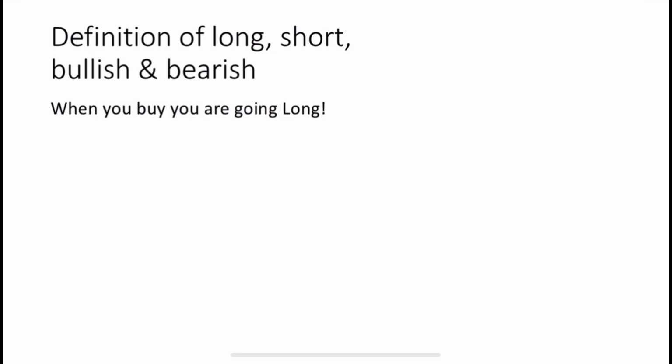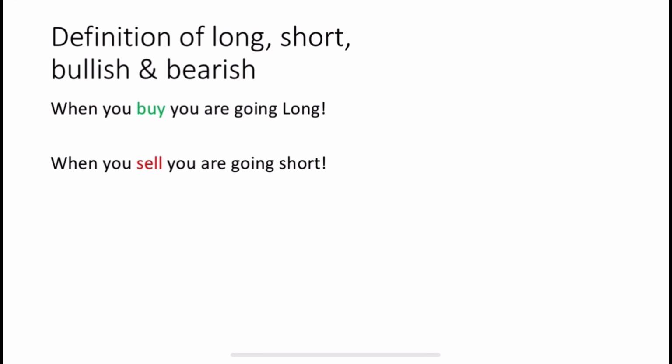So what is long? Basically, when you buy, you are going long. Whenever you place a buy order, you are going long. Long means buy. When you sell, you are going short. Whenever you place a sell order, you are going short.